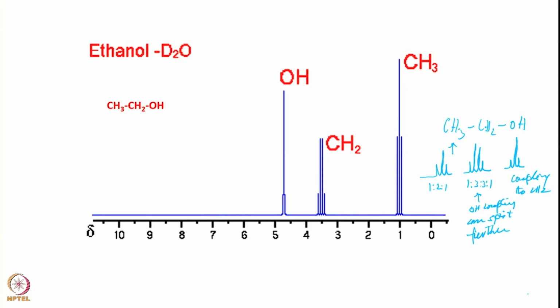When that happens, the CH2 protons also will not be able to see the OH protons very clearly, so that coupling also will not happen. In that situation you will have a single line. So let me draw that situation here as well.